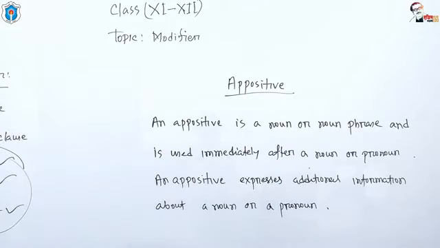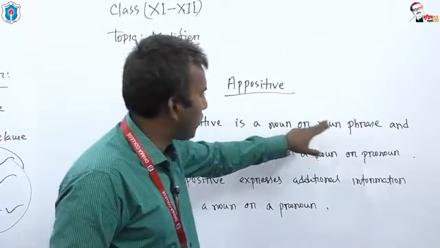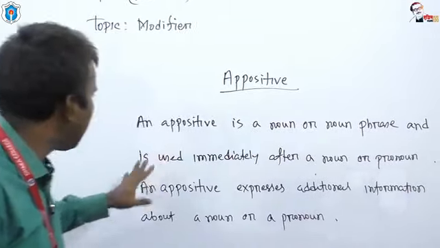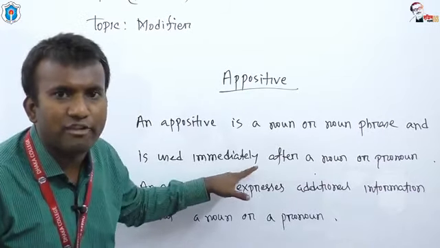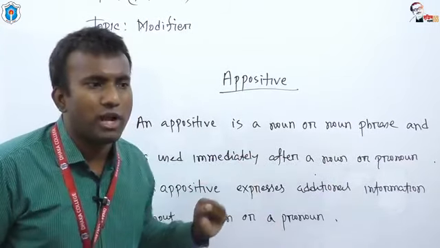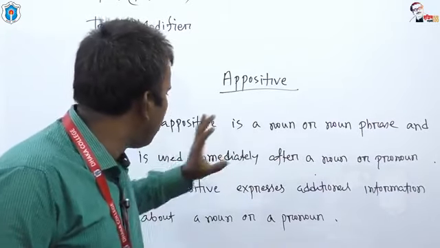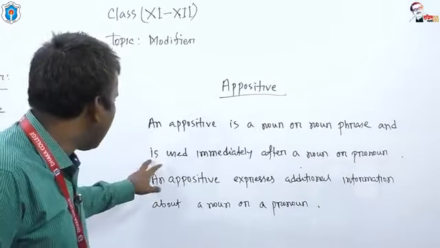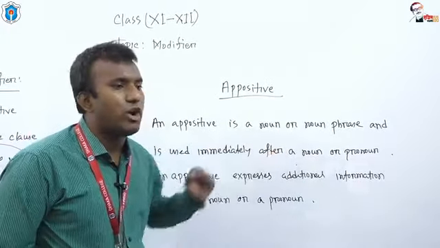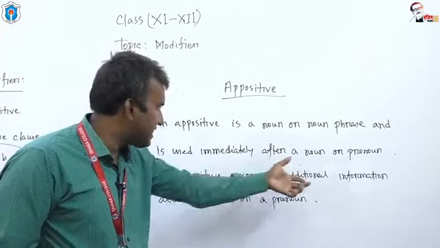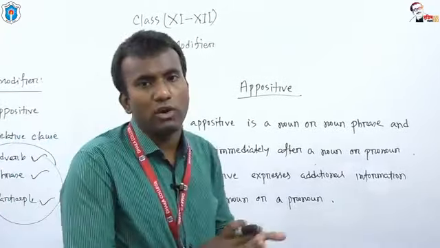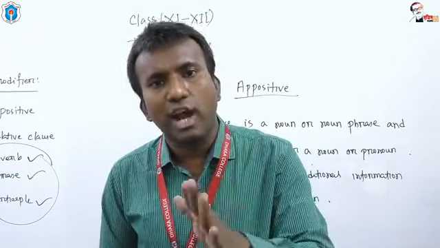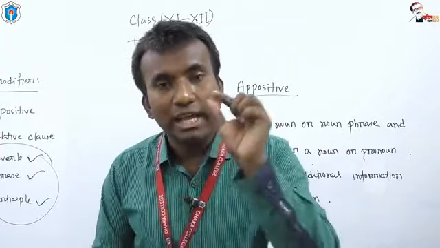Look at the board, my dear students. An appositive is a noun or noun phrase and is used immediately after a noun or pronoun. So, appositive must be a noun or a noun phrase used immediately after a noun or pronoun. An appositive expresses additional information about a noun or pronoun.